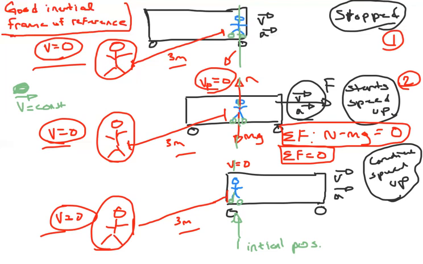So the relative velocity between this object, we'll call it V1, and me, we'll call me V2, remains constant. So if the relative velocity remains constant between someone who's standing still on the ground and an object that's moving, then the object that's moving is also a good inertial frame of reference.